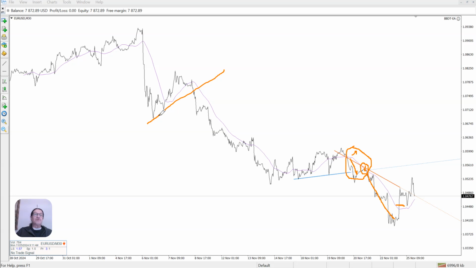Even though price here was above the trend line, it was below the 50 SMA. So that is not a buy signal. Buy signal is when the 50 SMA is above the trend line and price is above the 50 SMA. So our entry signal would have been right here on this spot.